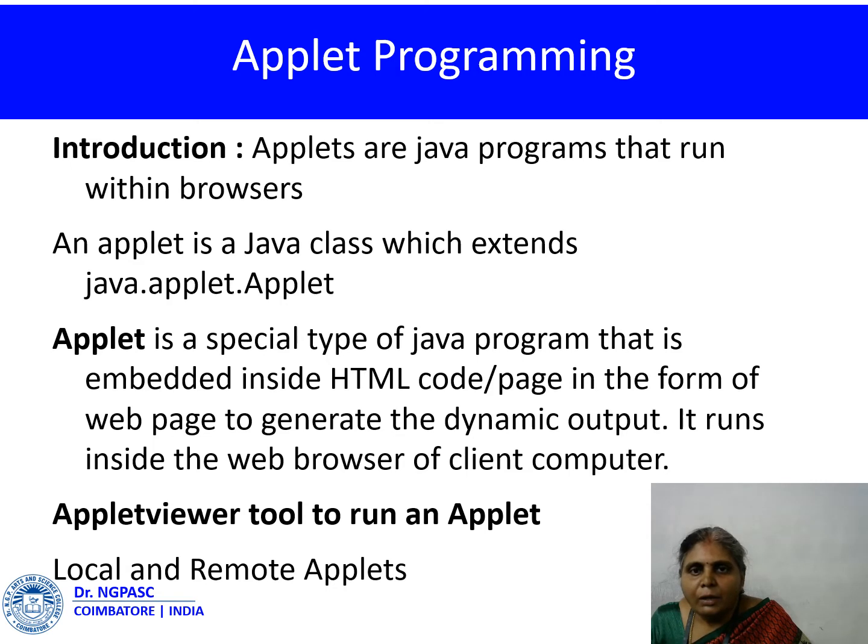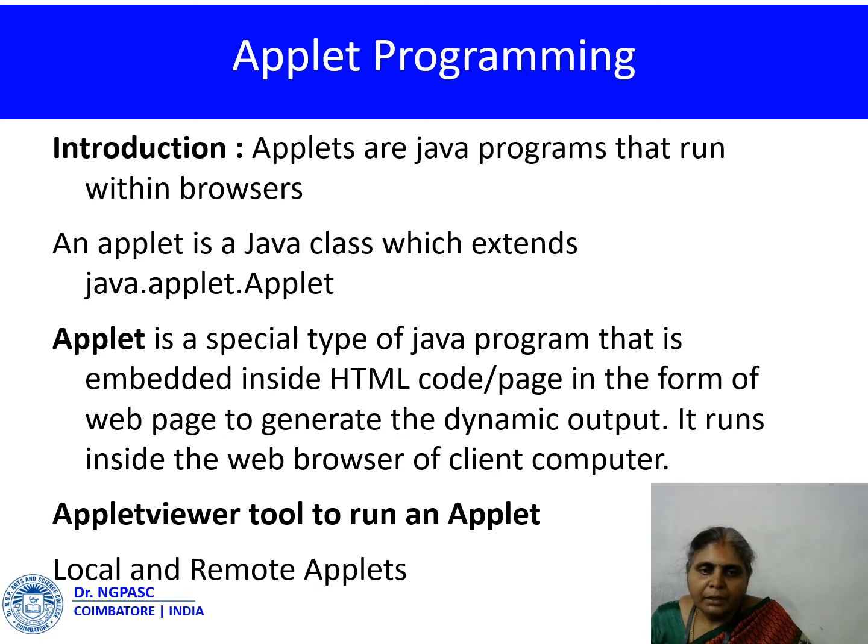I already told you that an applet is nothing but a Java program where the class extends the Applet class, so that it becomes applet code which can be embedded in an HTML page, and so it supports web programming. There are two types of applets: a local applet and a remote applet.